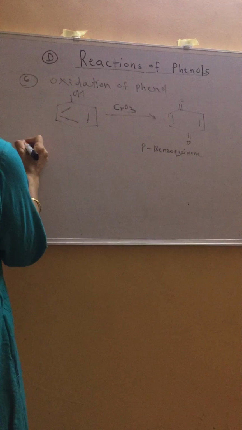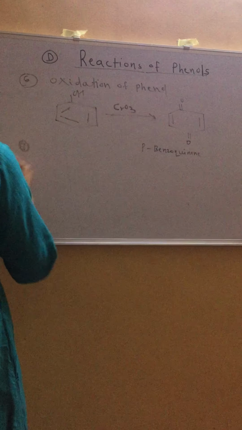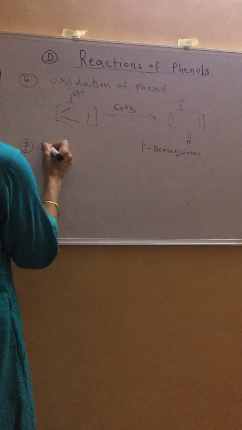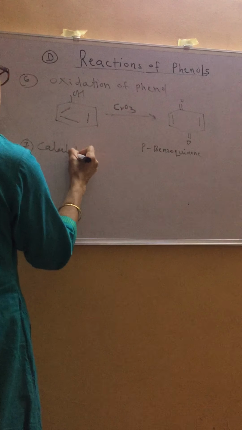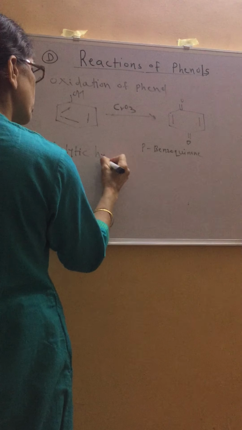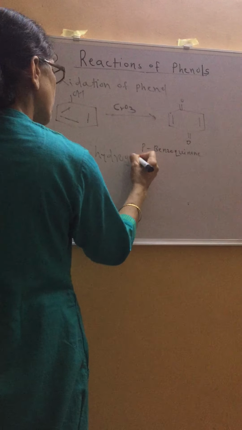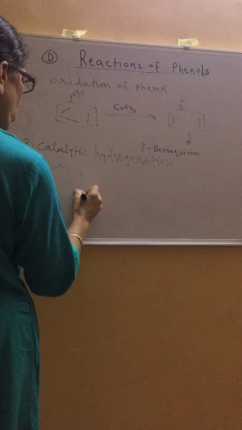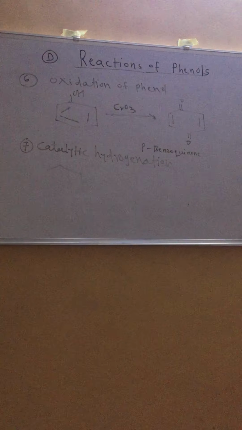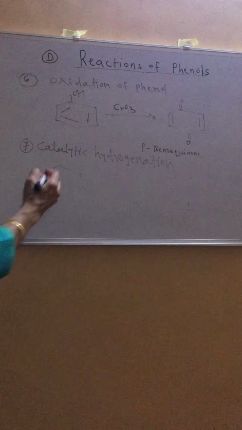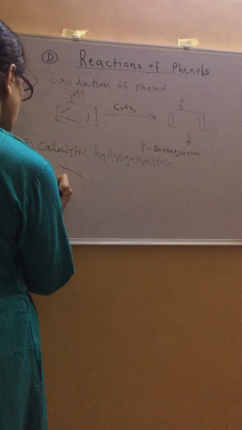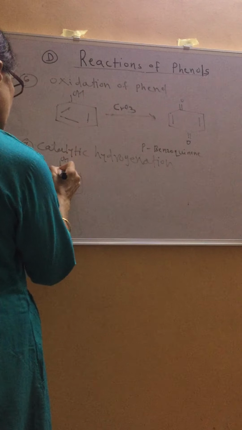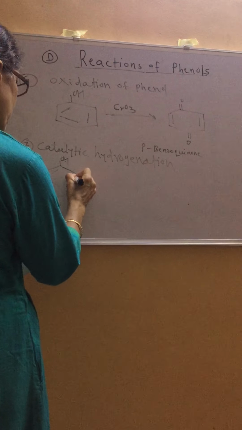Now seventh reaction, catalytic hydrogenation. So hydrogenation, you know, addition of hydrogen, that is hydrogenation. So whenever phenol, three double bonds are there, no?